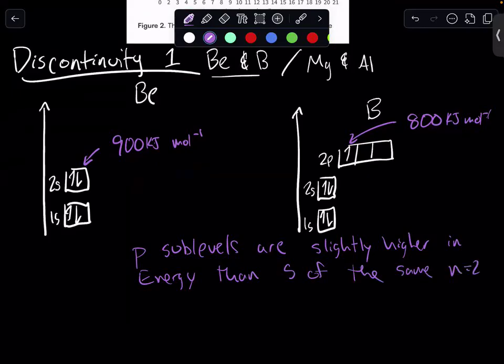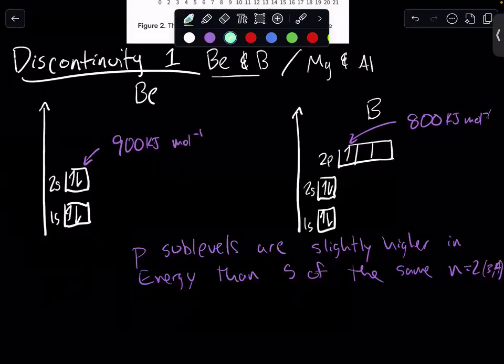So n equals 2, 3, 4, whatever, it doesn't really matter. But of that energy level, we have that change. So this is energy, and this is energy. So that shows us that we have a weaker attraction between this level.